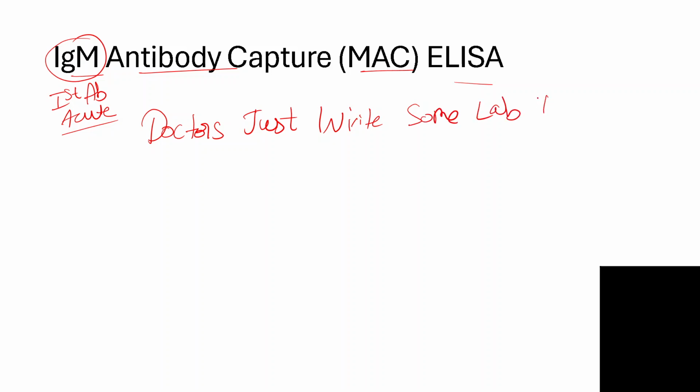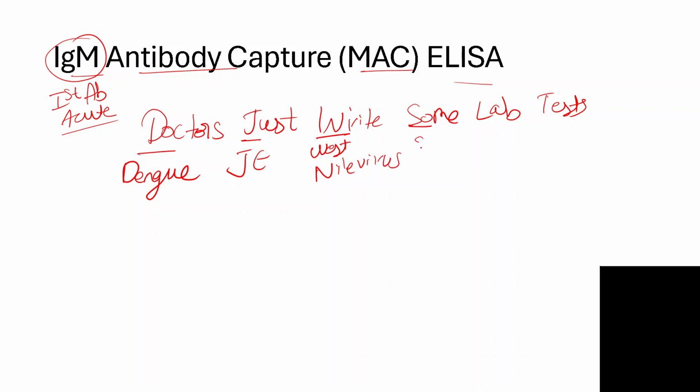Now let's see for what all infections, for what all diseases you need this IgM antibody capture ELISA. Can do it for dengue, Japanese encephalitis, West Nile virus, scrub typhus, and L stands for leptospirosis.